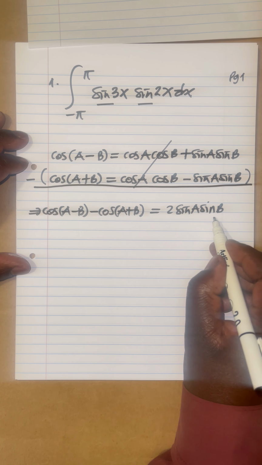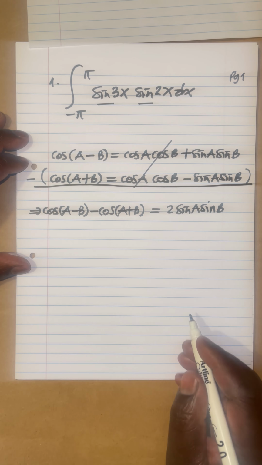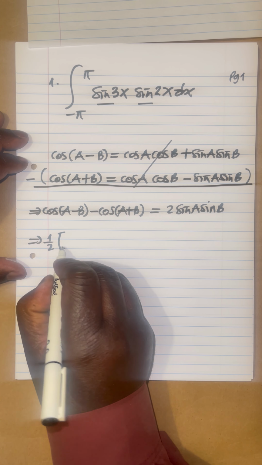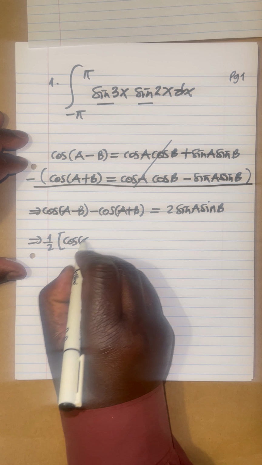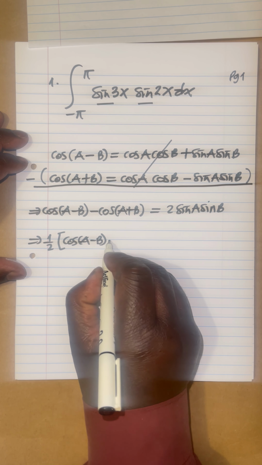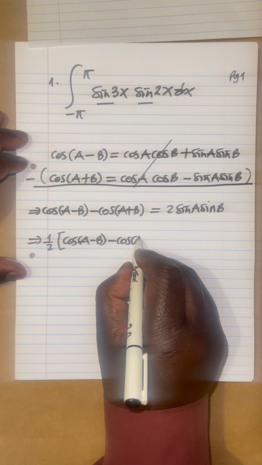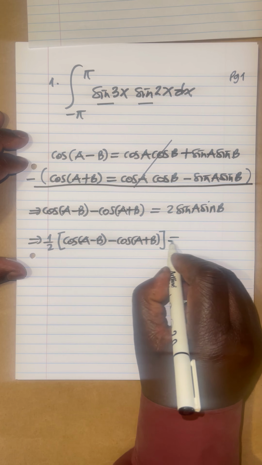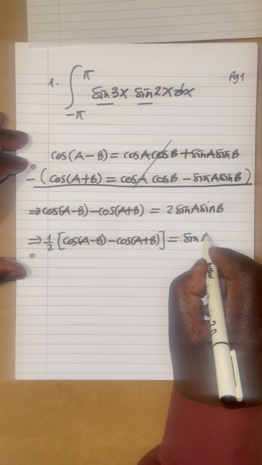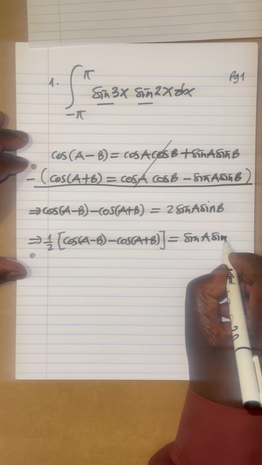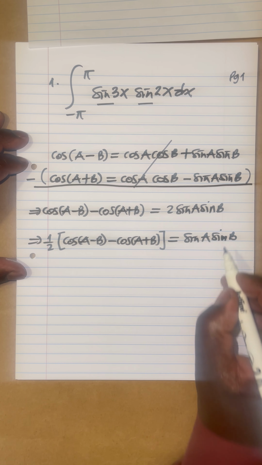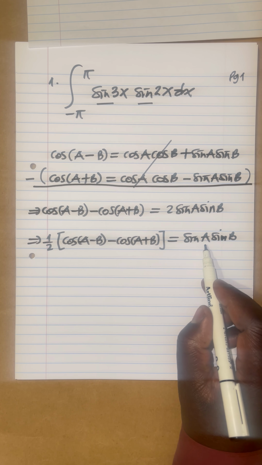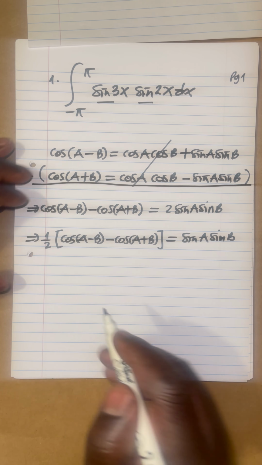Now if you look at this part, it agrees with that part there. But I must get rid of the 2 because I don't have 2 there, so I'm going to divide both sides by 2. So 1 over 2 times cosine of A minus B minus cosine of A plus B is just equal to sine A sine B. That means if I put 3x for A and 2x for B, I must do the same on the left.